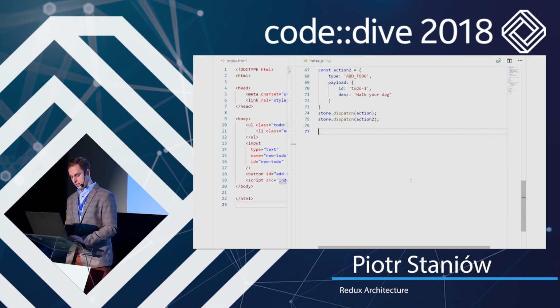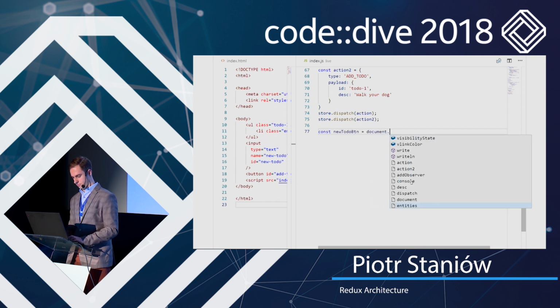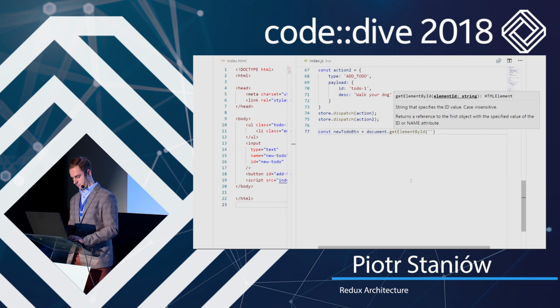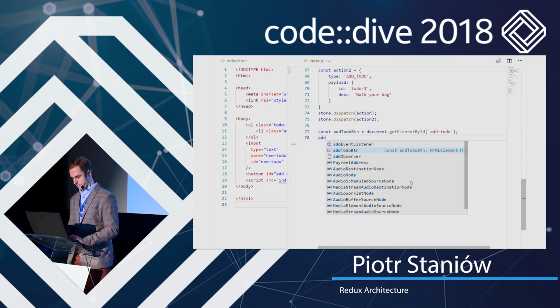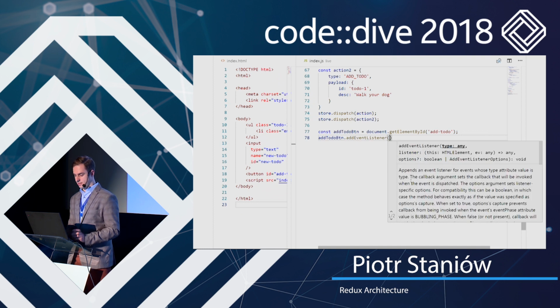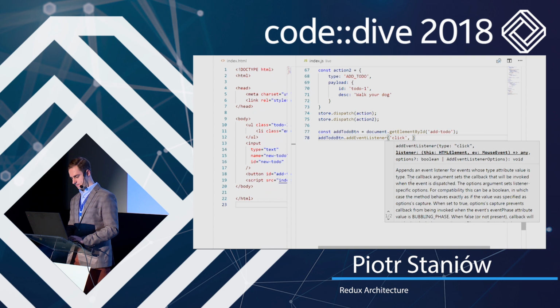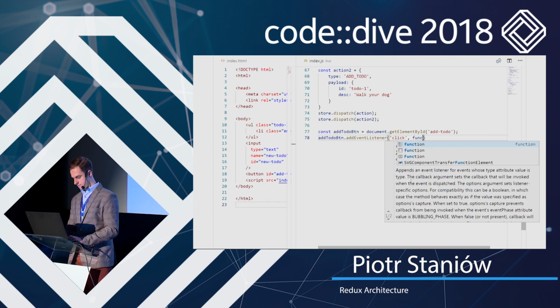Okay, so now the using part. We have this add ToDo button that whenever it's clicked should dispatch an action. And we need to add an event listener. When it's clicked, let's create an action.